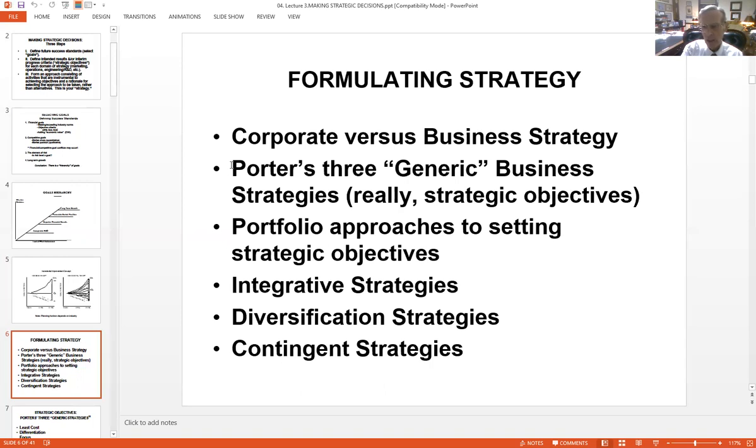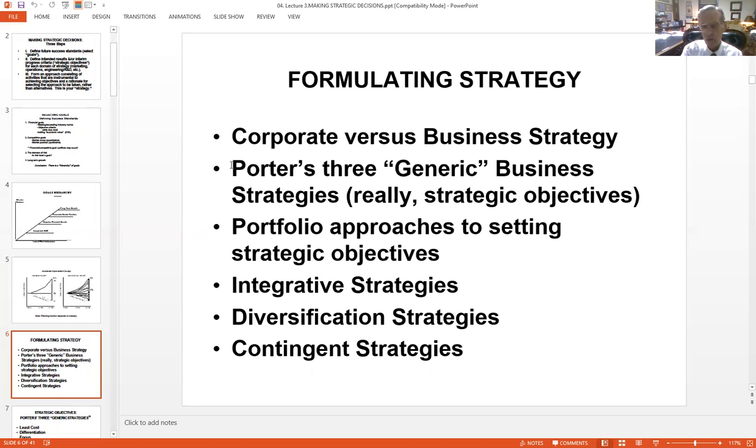In fact, those are strategic objectives. Low cost is the intended outcome of the activities that we're going to do to achieve lower cost, and they may be done through engineering, manufacturing methods, and so forth. So Porter's generic strategies are actually strategic objectives, and we'll take a look at those in just a minute.